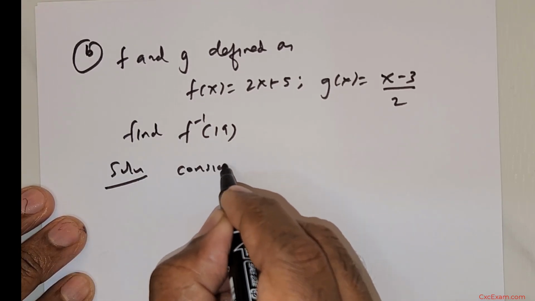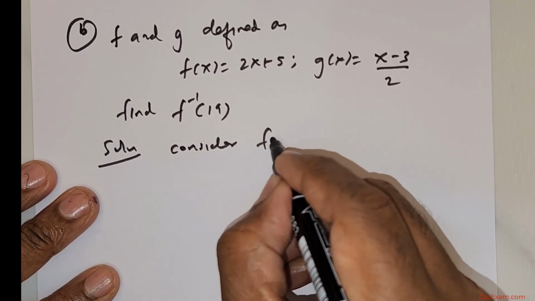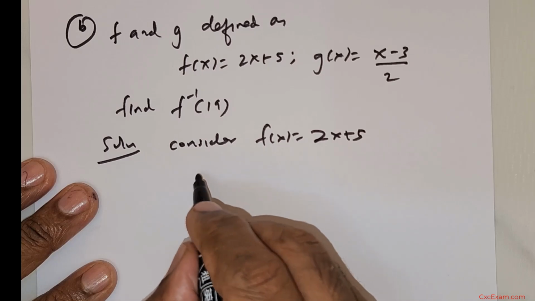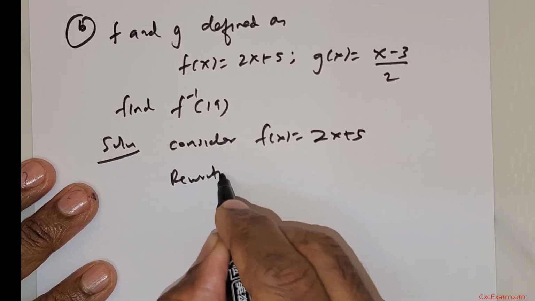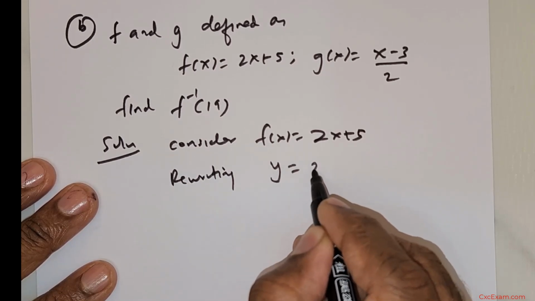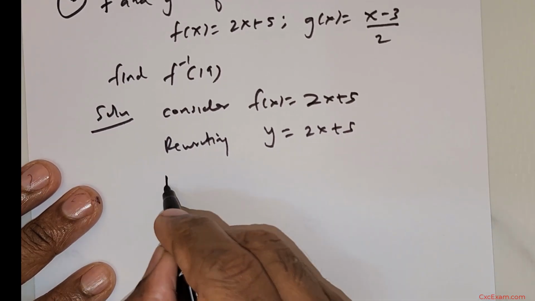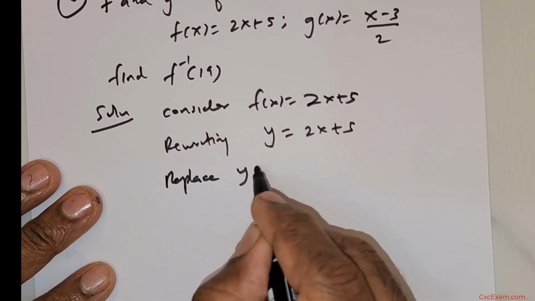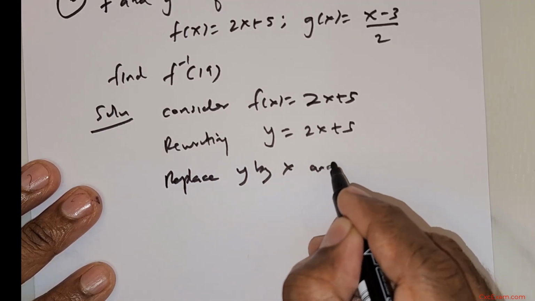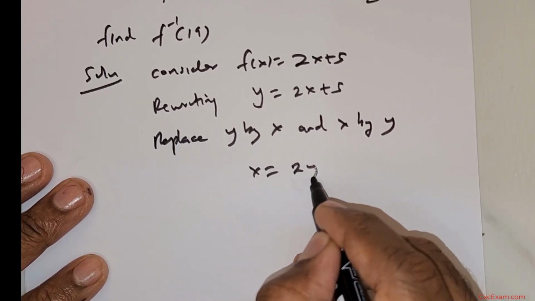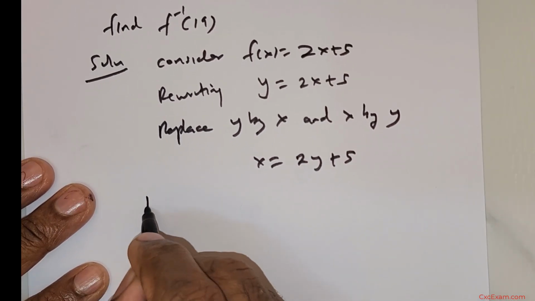So consider f of x is equal to 2x plus 5. I'm going to rewrite this as y is equal to 2x plus 5. Then replace y by x and x by y. So you got x is equal to 2 times y plus 5.